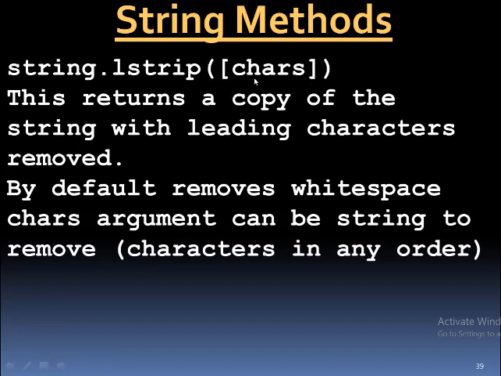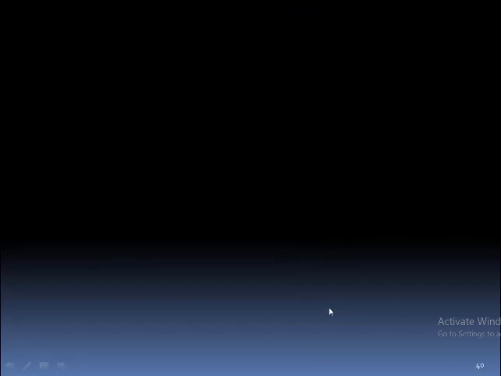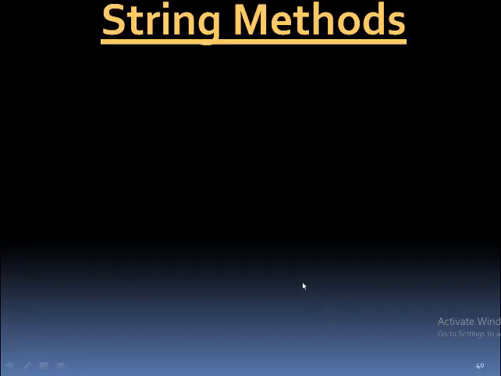If you don't give any character within the round bracket, then it will accept it as a white space character. So it will remove white space characters. But if you include any character or a string here, it will remove those characters from the left hand side, that is from the beginning of the string.